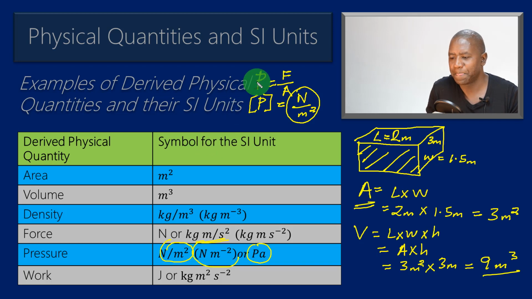What does that mean? Pressure is defined as force exerted normally per unit area. The equation associated with that definition is this one here. The moment I know the equation, I'm able to derive the unit of that physical quantity.